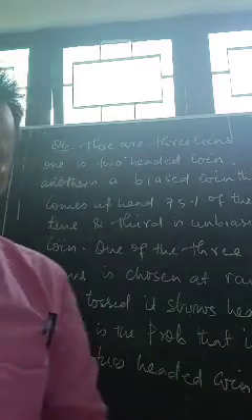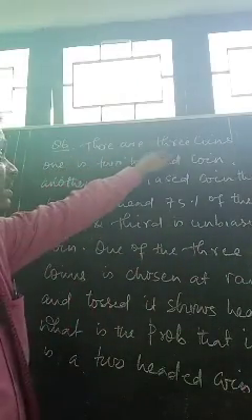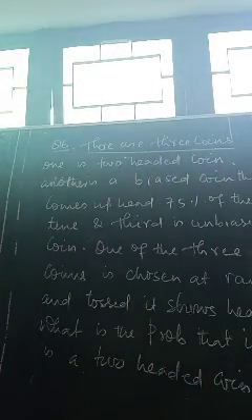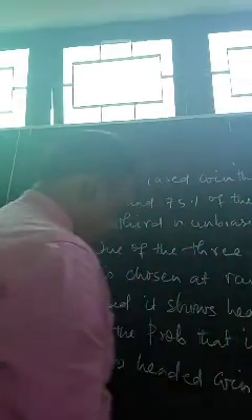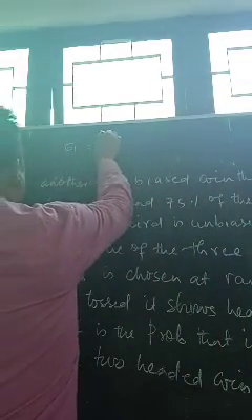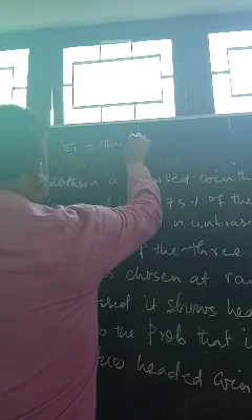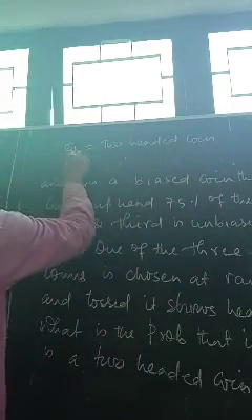Okay. Look, identification is important for you. 3 coins, E1, E2, E3 will come from here. Okay. Suppose your E1 is two-headed coin. Then what is E2?